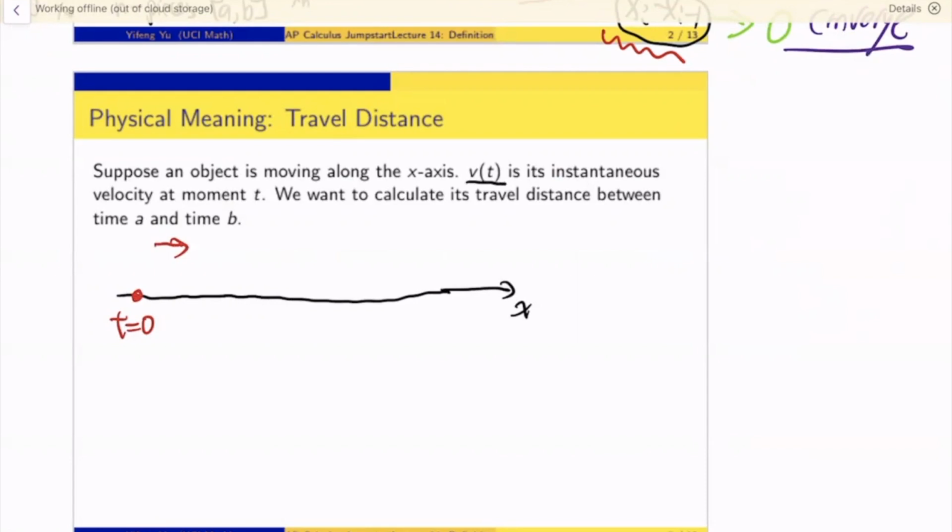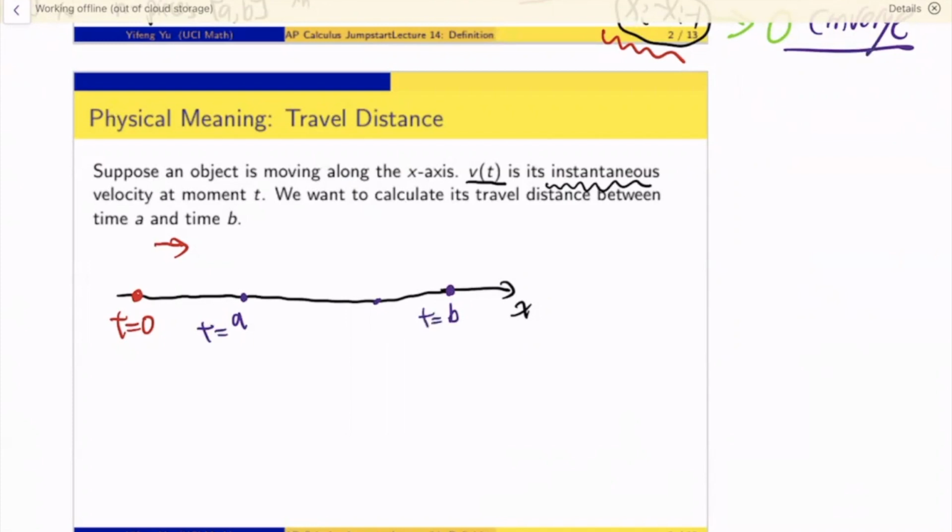That means the velocity is not constant. It changes according to time. So what we call instantaneous velocity, at the moment t. Now we fix two moments, from a to b, and we want to find what is the travel distance from moment a to moment b.